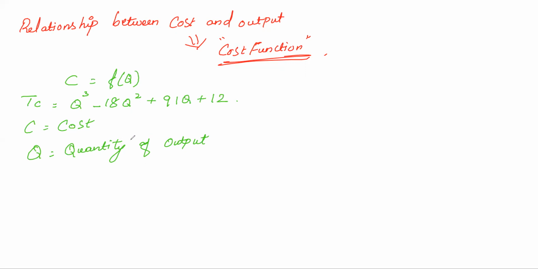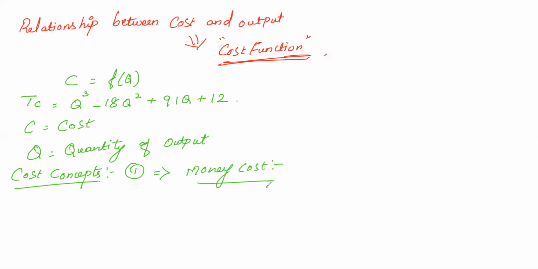Okay, so next is cost concepts. First one is the money concept, money cost. What is money cost? The production cost expressed in money terms is called the money cost.